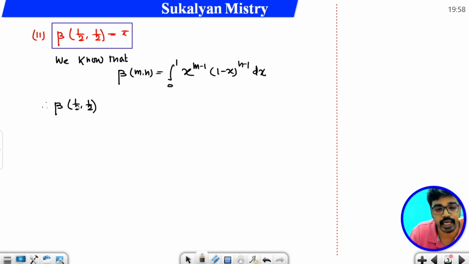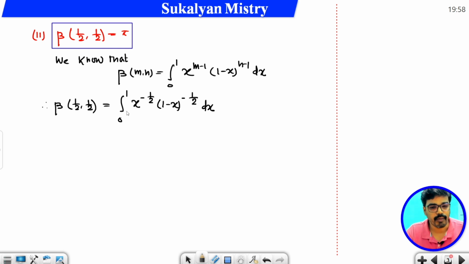So therefore beta 1 by 2 comma 1 by 2, we are putting m is equal to 1 by 2, n is equal to 1 by 2. So this is equal to integration 0 to 1 x to the power m minus 1, that means x to the power 1 by 2 minus 1, that is minus 1 by 2, into 1 minus x to the power n minus 1, with n equal to 1 by 2, so minus 1 by 2, dx.